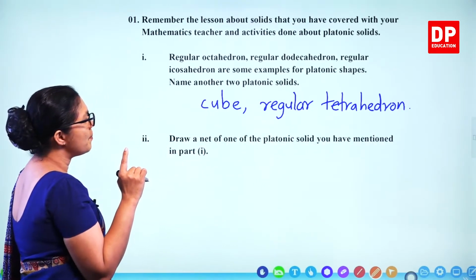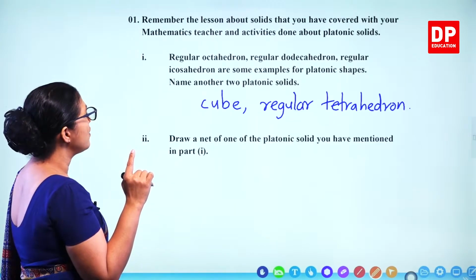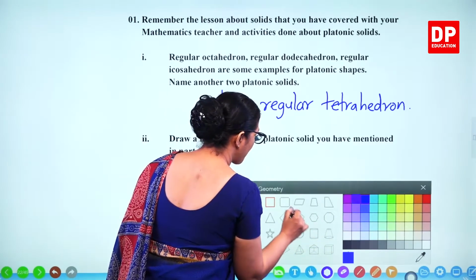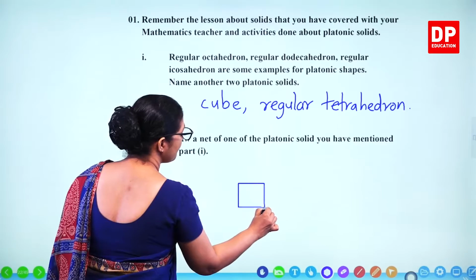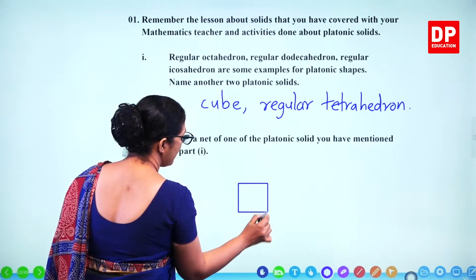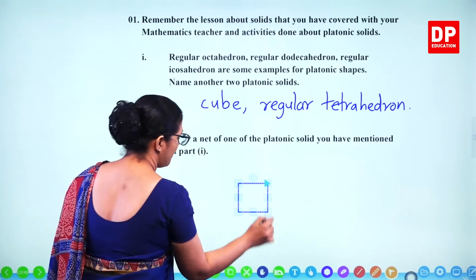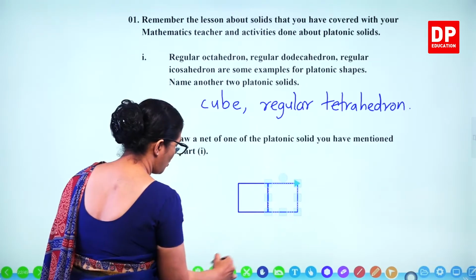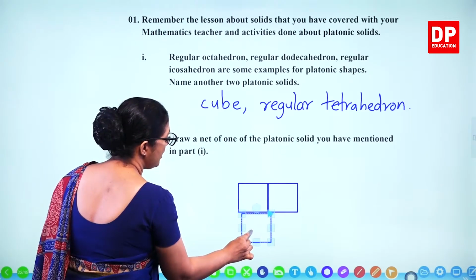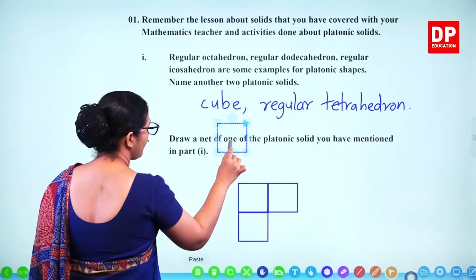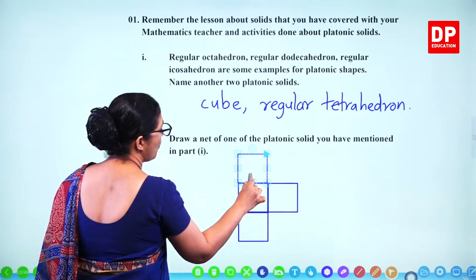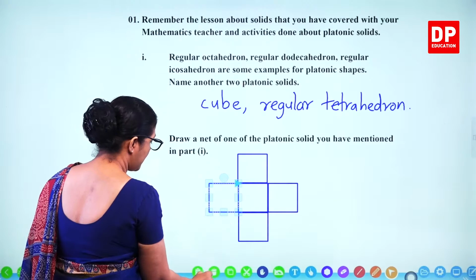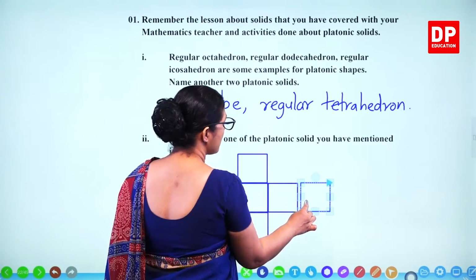Draw a net of one of the platonic solids you have mentioned in part 1. So we can do cube. So what's a cube? You get 6 squares. You have to get the same shape and same size. So 1, 2, 3, 4, 5 and 6 squares you need.